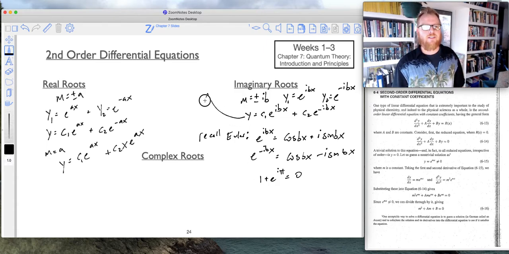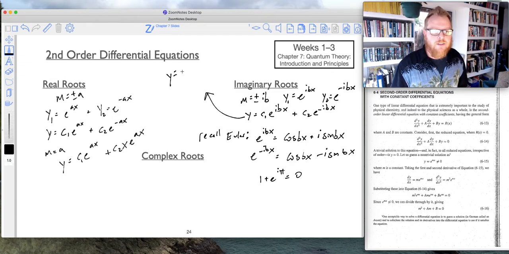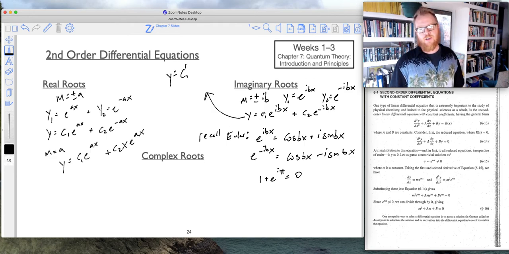So I'm going to write this as y equals c1 prime, to note that that's different than this c1, sine bx plus c2 prime cosine bx.